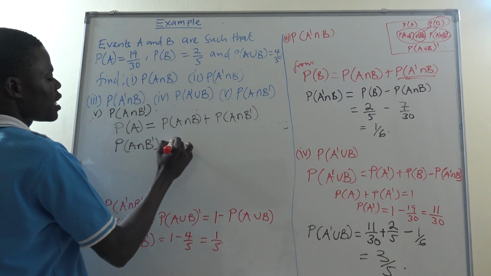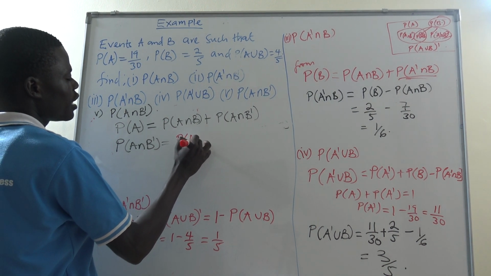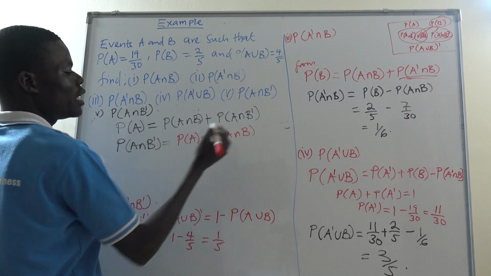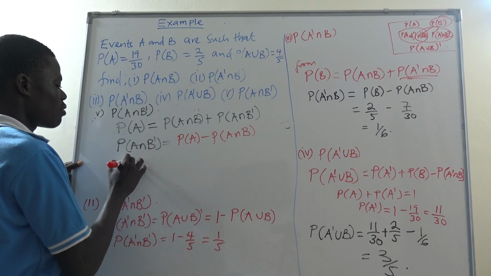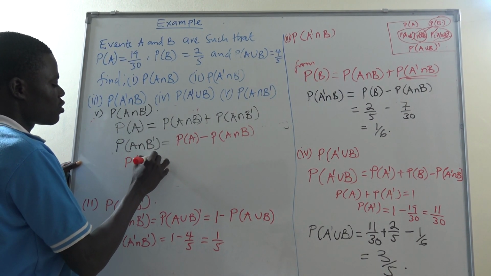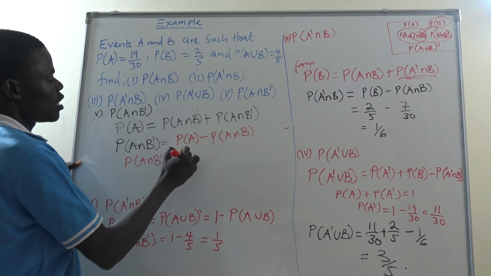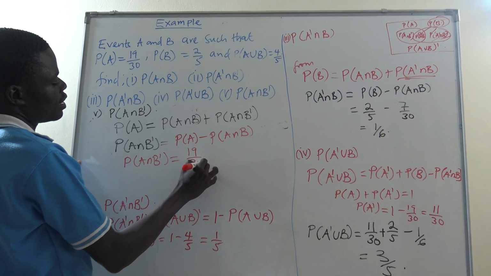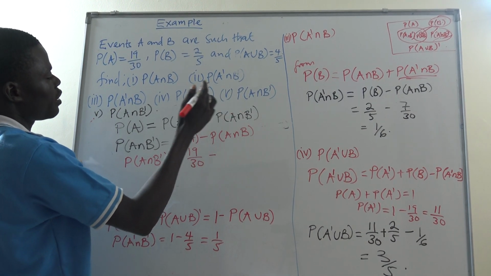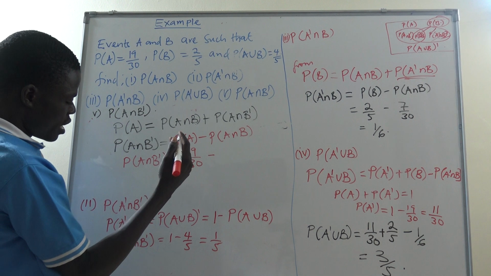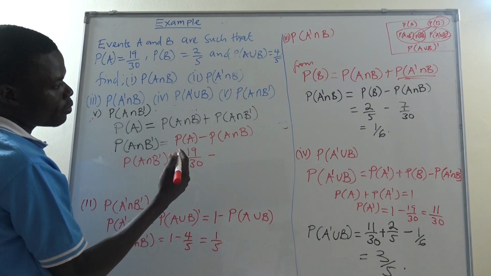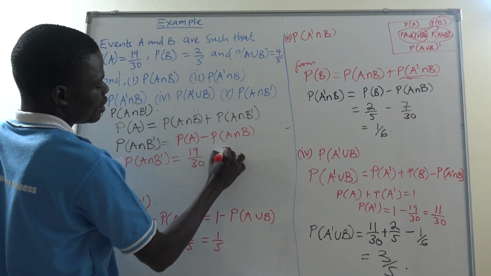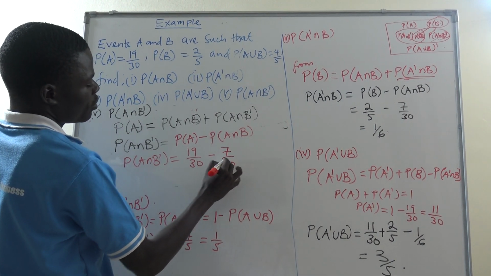This one comes to this side, and we remain with probability of A minus probability of A intersection B. This gives us the answer for A intersection B complement as probability of A, which is 19 out of 30, minus probability of A intersection B, which was 7 out of 30.